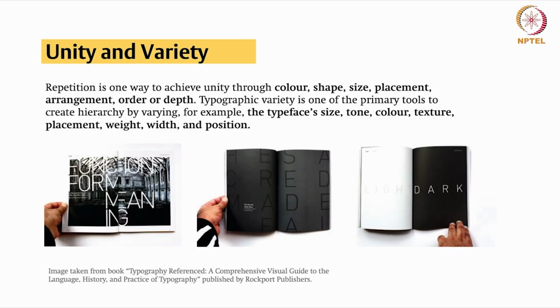Publication design is an excellent example to understand the interplay of unity and variety. For example, if you have a book design, right, and you have multiple chapters, many times the designer picks a specific color to start each chapter, right? For example, you are starting with black whenever any chapter starts.